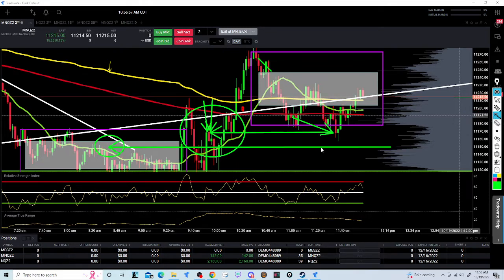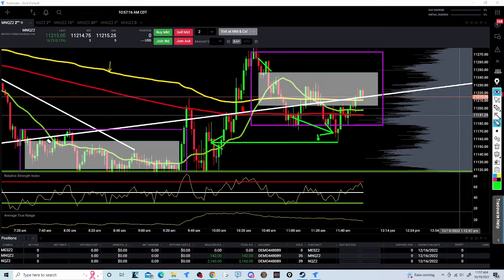Reason number two, even if we did, your profit target here is going to be slim, because you have all of this area acting as stoppage from a continuation of a breakout of a range.